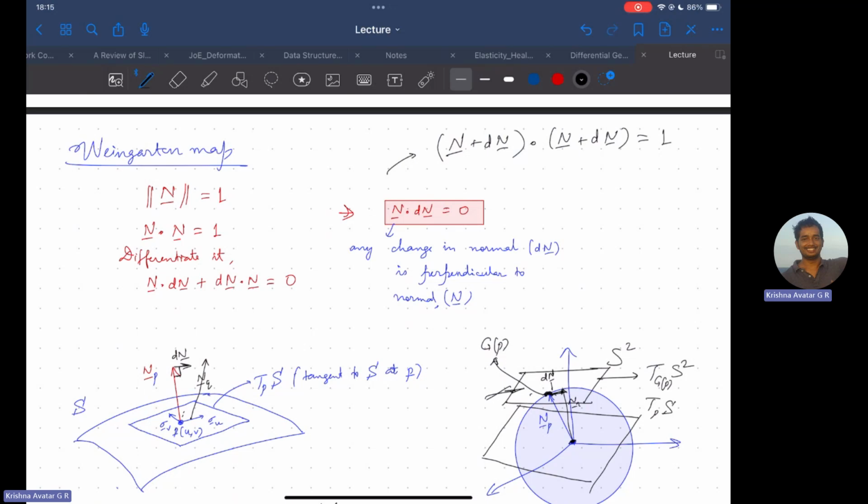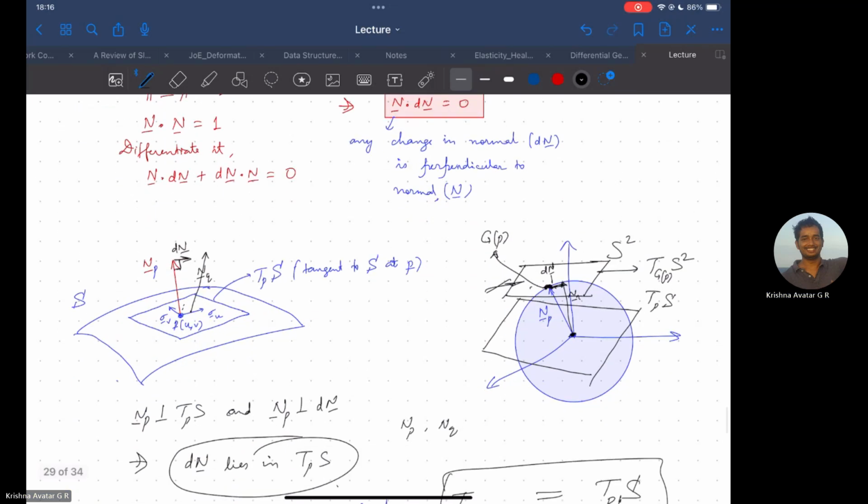And this tangent plane is the same as the tangent plane at the tip of the normal, which lies on the boundary of a unit sphere, right?